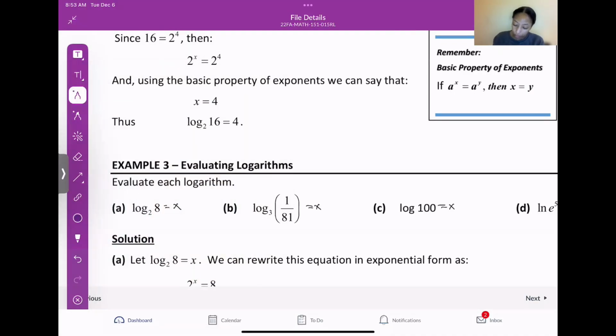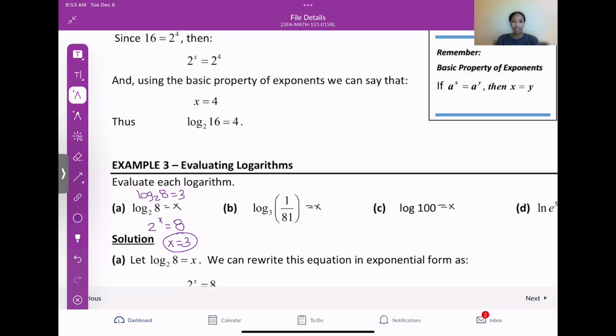All right, so in exponential form, this would be 2 to the x power equals 8. And then you ask yourself, what power do I raise 2 to get 8? We should all know that 2 cubed equals 8. So x equals 3. Okay, what does that mean for the logarithm? Log base 2 of 8 equals 3.